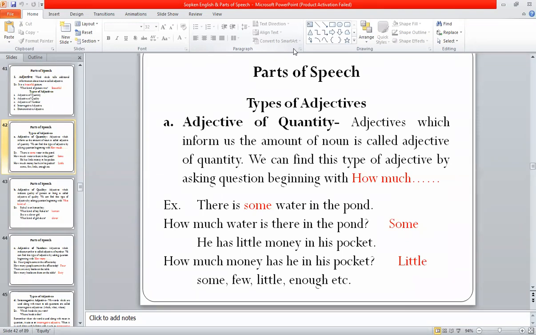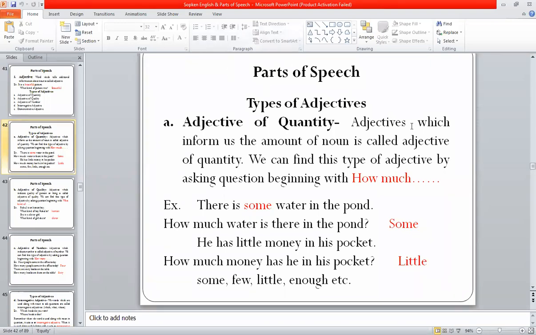Then it will answer little. Okay, so little is the adjective of quantity, little money. So this is the adjective of quantity.